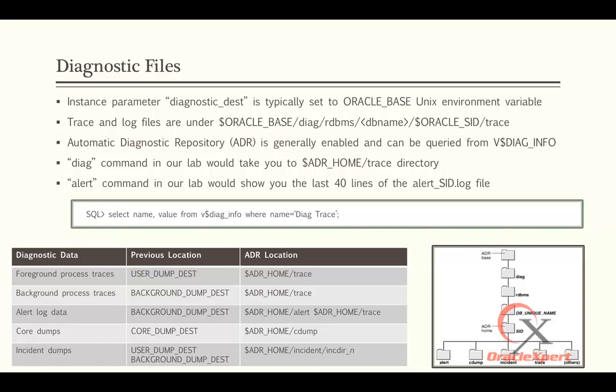There is a core dump. Whenever a process terminates abnormally, it would generate a core dump. Those core dumps can later be analyzed or sent to Oracle support for further diagnostics if you are running into some serious trouble. There are incident related files when you use ADRCI for packaging incidents and problem information.